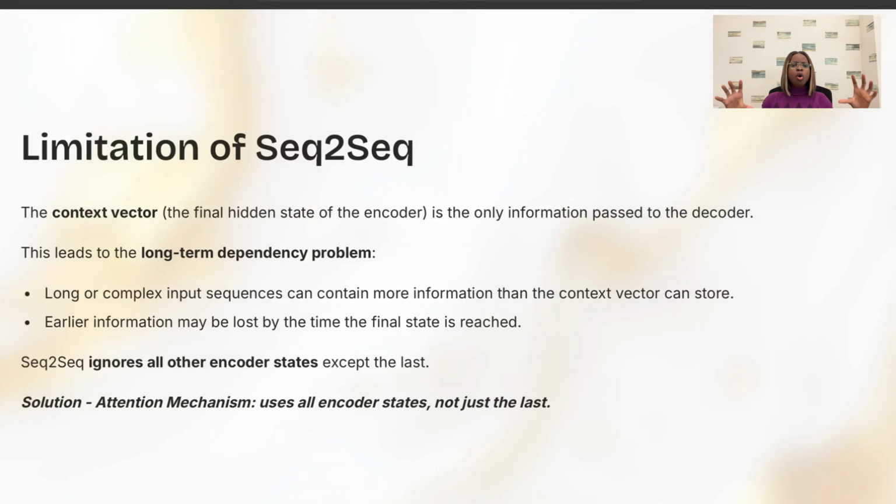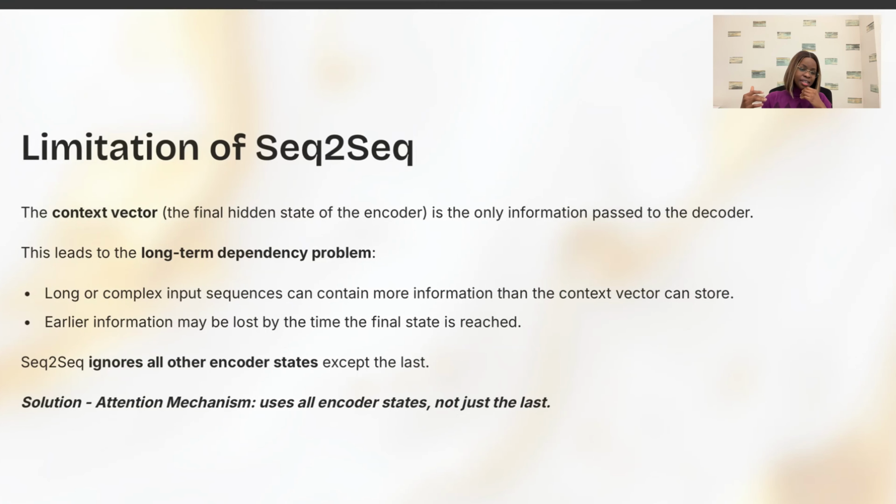Also, long or complex inputs can contain more information than the context vector can store. So no matter how much you try to increase the memory of the context vector, it can anytime come across input sequences that are longer than it can take.